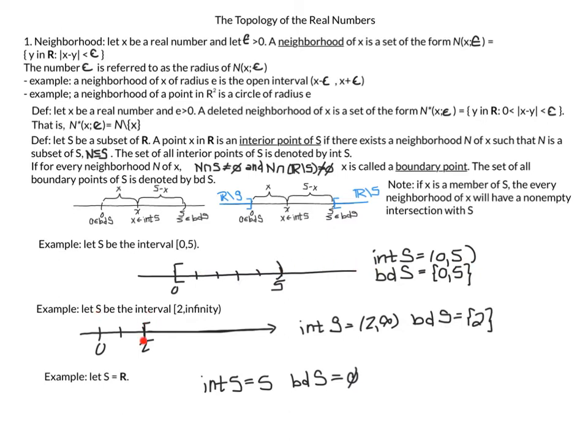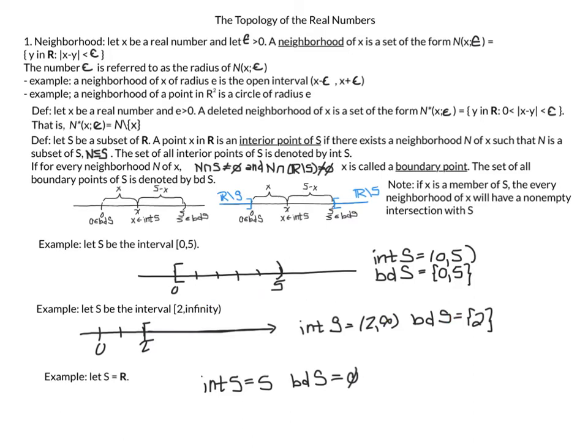Here we have the interval from 2, including 2, to infinity. So the interior is 2 to infinity. It does not include the point 2 because any neighborhood around 2 will contain elements less than 2, which is not inside S. And then the interior goes all the way through infinity.